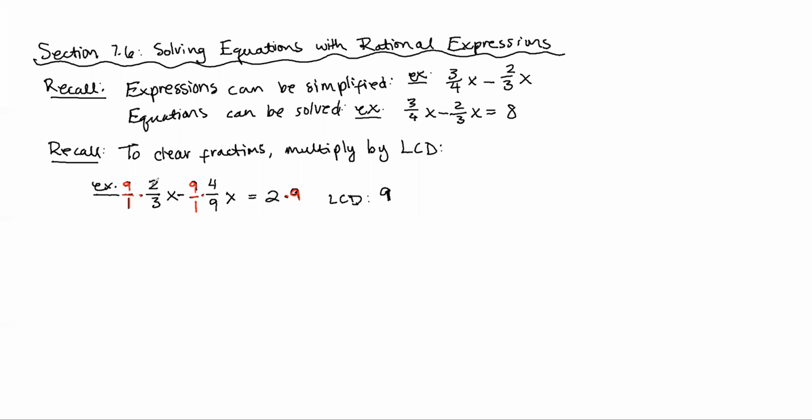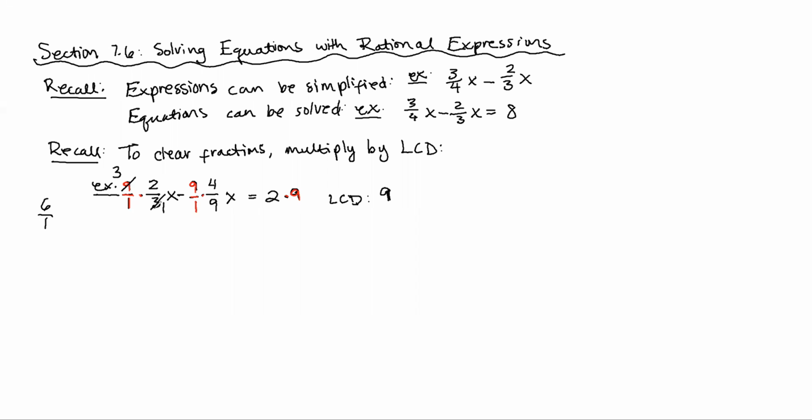So our first multiplication here, if you wanted to do this off to the side, you totally could. I'm going to do it here. I'm going to reduce the 3 and the 9. So 3 goes into 3 one time, 3 goes into 9 3 times. Now notice on the bottom that we only have 1s. So we have 3 times 2, which is 6/1, which is the same thing as just 6.